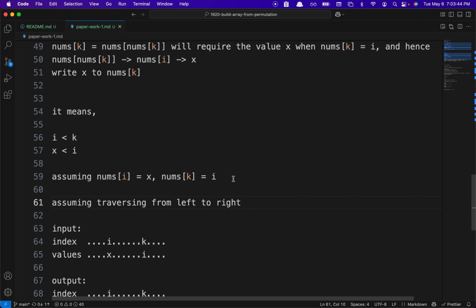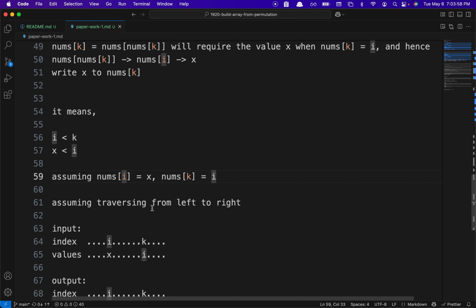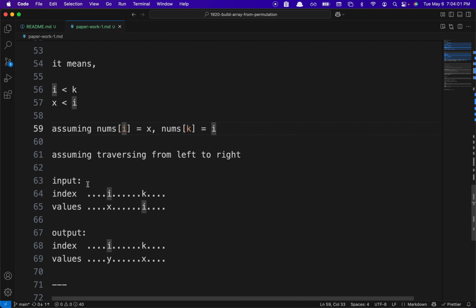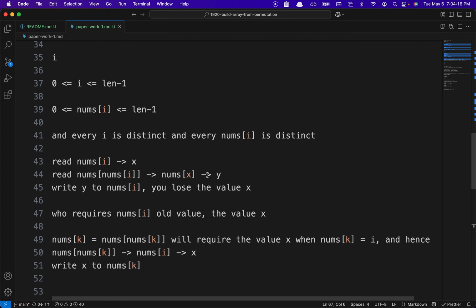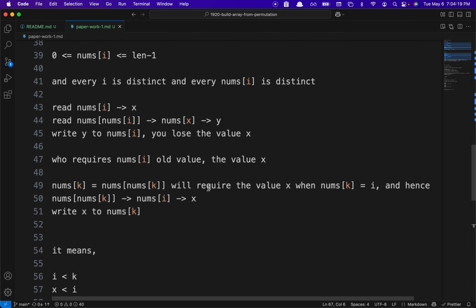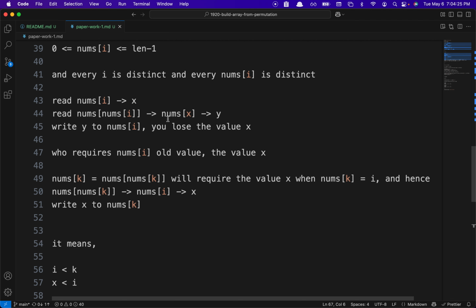Okay. So assuming traversing, so if that is the case, then this is input, this is output. So we're saying the output is going to be this. We need x later. If we override this with y, we lose it. So what is y? Nums of x is y. What is y?